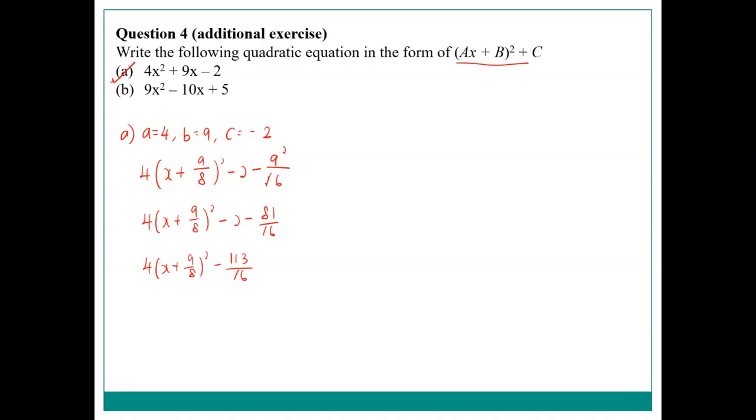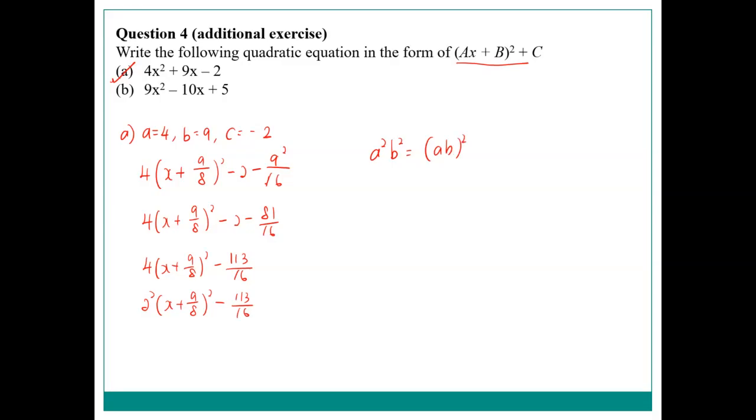Okay, but this is not in this form, right? Because I don't want to have any coefficient here, but I have a 4 here. So how do I get rid of this 4? I can write 4 as 2 squared. So 2 squared times (x plus 9 over 8) squared minus 113 over 16. And for your information, a squared times b squared equals (ab) squared.